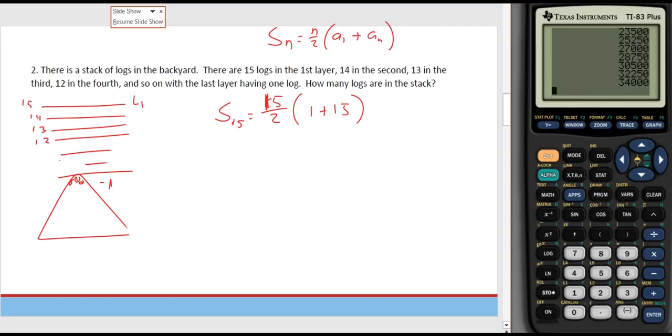In terms of this problem, 15 rows, top row and bottom row get added together. So we get 15 over 2, which is 7.5, times 16. 120 logs in the stack. And you could do that on your calculator, 15 plus 14 plus 13 plus 12. You could do that pretty quickly that way as well.